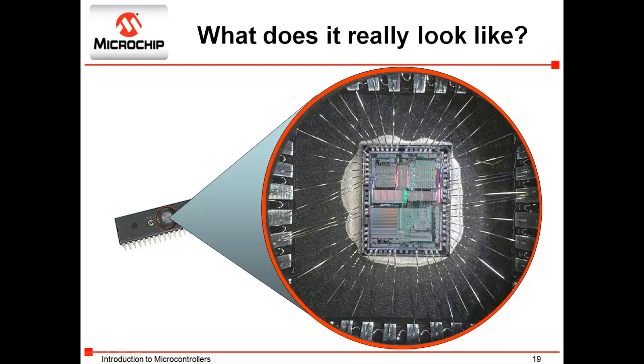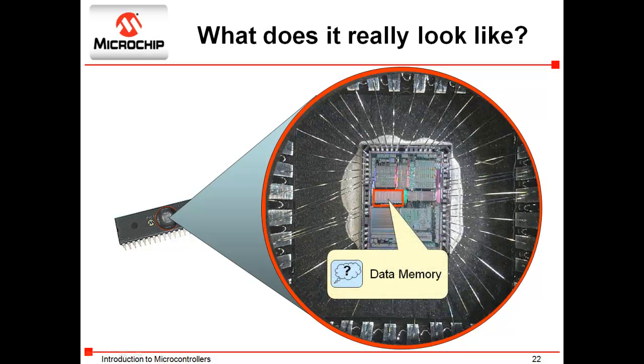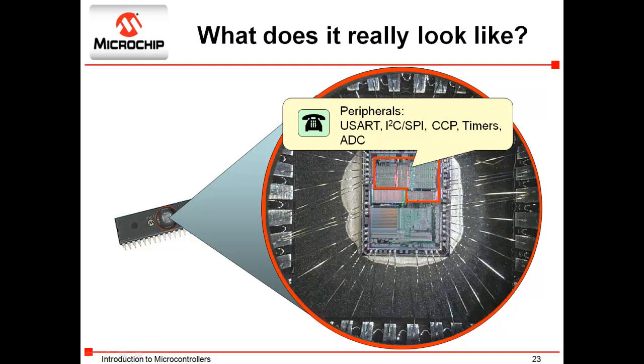You can see the tiny connection leads that surround the microcontroller and connect such components as the peripherals to the pins on the device. In the lower right-hand corner, you can see the circuitry that makes up the central processing unit, or CPU. Program memory is over here on the left. Data memory immediately above that. And here are the peripherals that are included on this particular part.